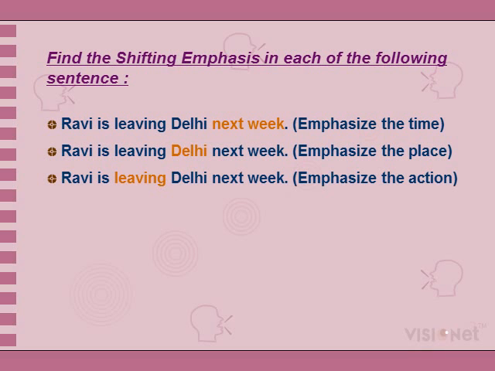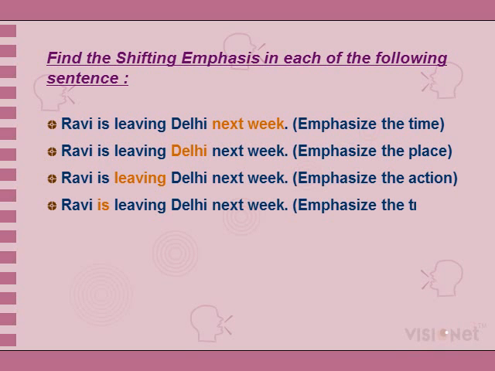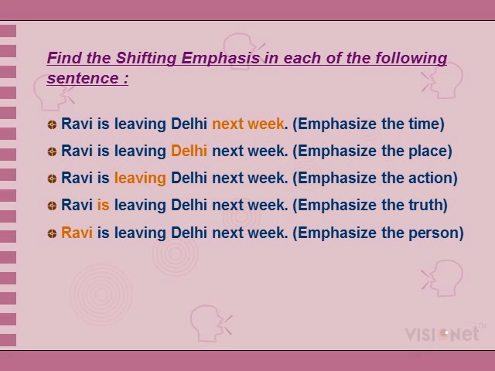Now let's shift the stress on the word is. Ravi is leaving Delhi next week. Let's again shift the stress to Ravi. Ravi is leaving Delhi next week. So you can notice that the shift of stress changes the meaning of the statement.